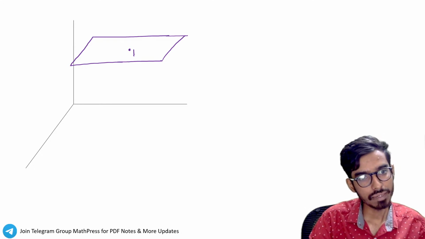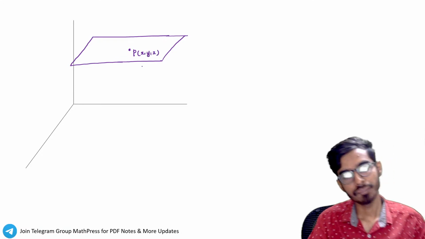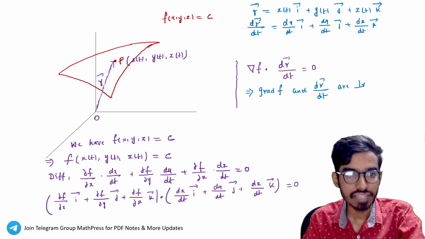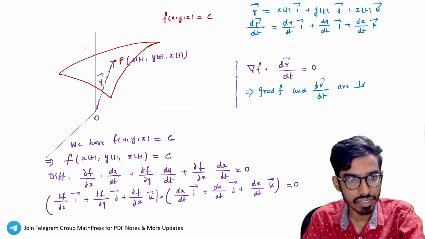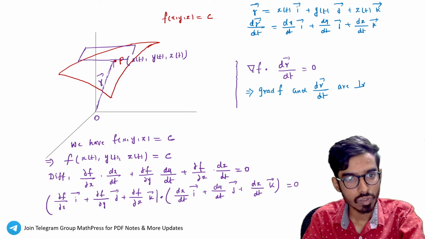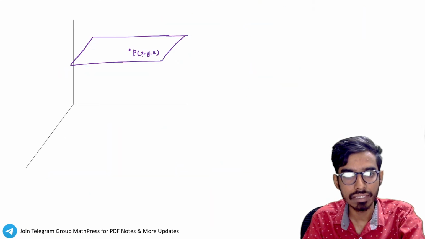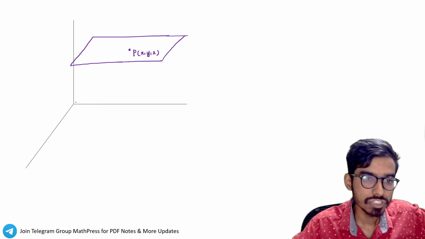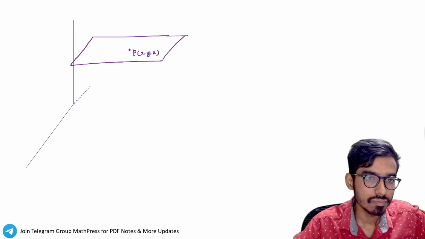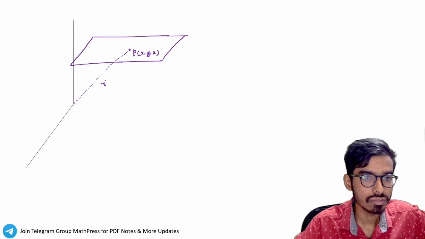Let us say this is a point P(x, y, z). Actually, we need to draw the tangent plane at this point P, so I'm taking this tangent plane and this point P alone. This is the position vector, this is the R vector.